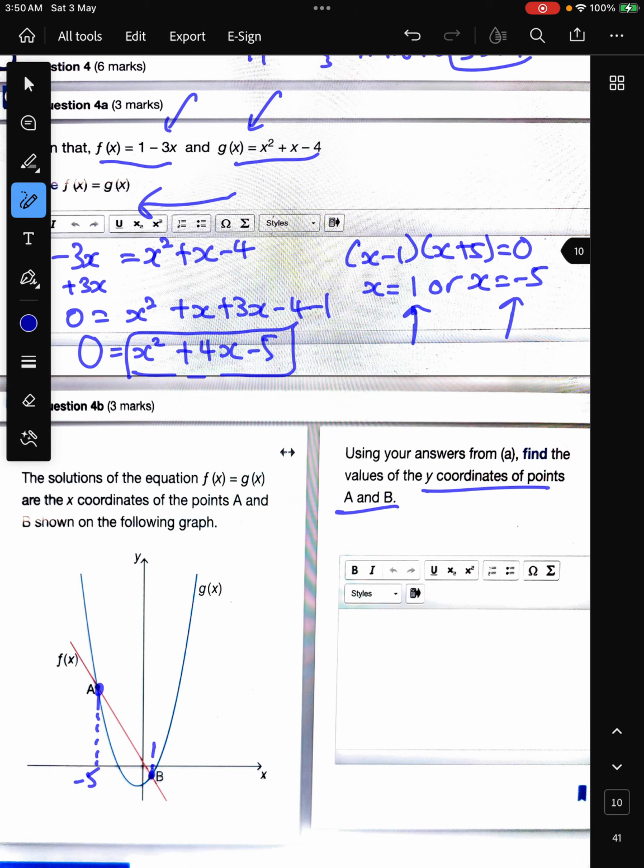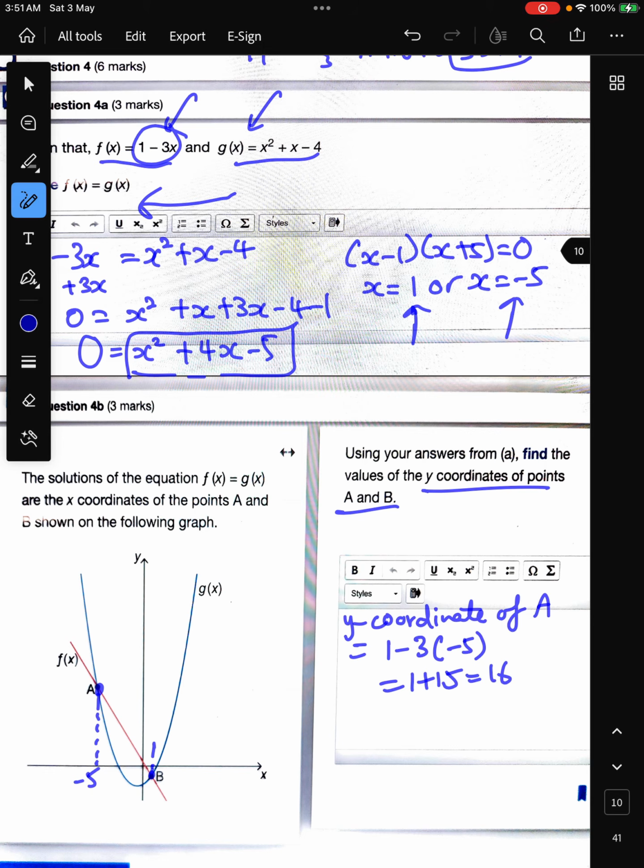So to find the y coordinate of A, I'm going to substitute -5 into one of the two equations. I'm going to choose this one, because it's a lot easier. So it's 1 minus 3 times -5, which gives me 1 plus 15, so that gives me 16.